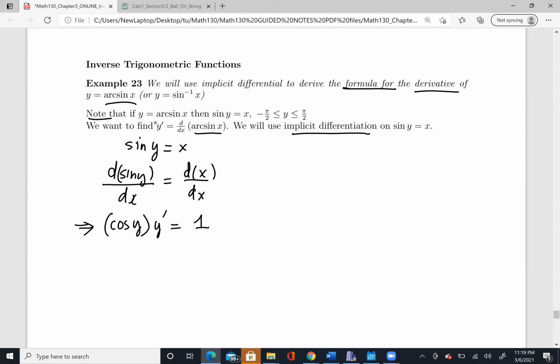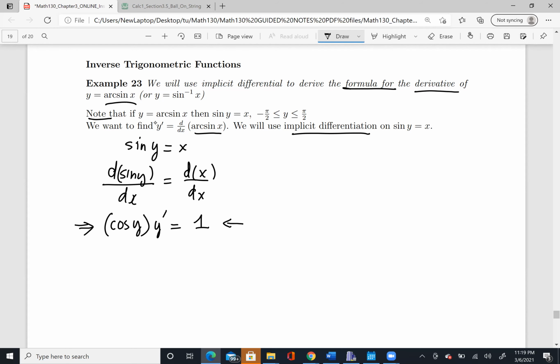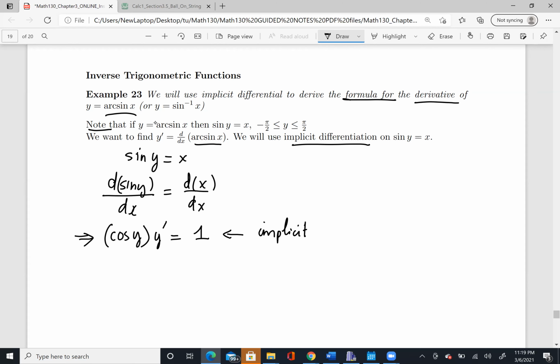Okay. So for this one, you actually have implicit differentiation.